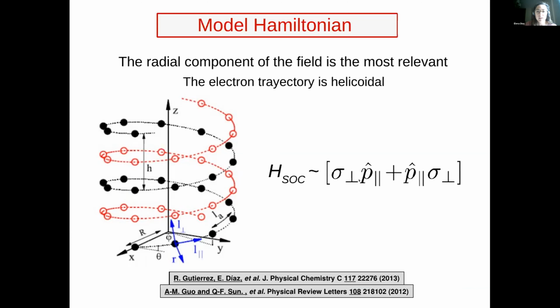And the spin orbit coupling with these two assumptions will be proportional to this term here, where these Pauli matrices that appear are the transversal components, so transversal to the trajectory of the helix, and the component of the momentum which appears is the longitudinal one, so it's parallel to the helix.